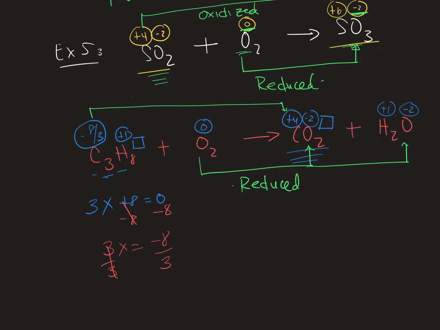It's oxidized. Do we care what that number is? No, it's a negative number going to a positive number. Good? So which one is the reducing agent? Carbon. We good? It's almost like it's just flip-flop. Okay?